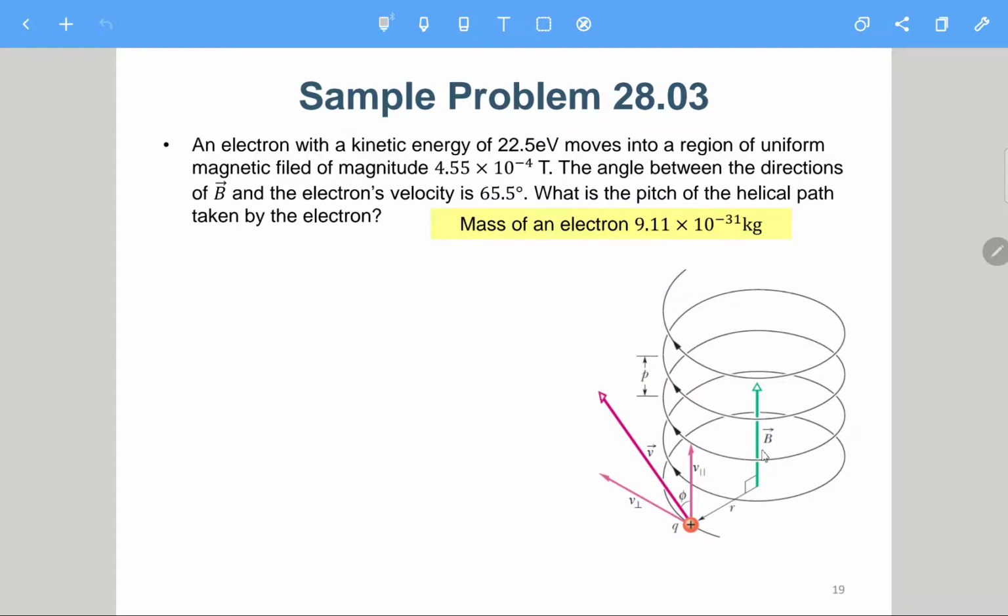The B field is pointing upward, and the velocity points at this angle. V perpendicular is perpendicular to B, but this component is parallel to the B field. In this case, V cross B will be 0 because they are parallel to each other. Only this V perpendicular will contribute to the Lorentz force.